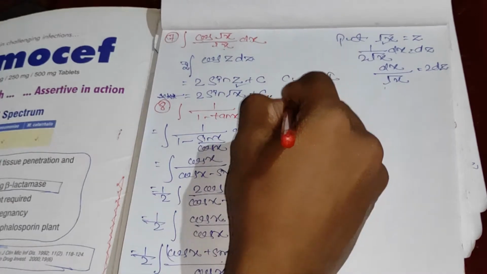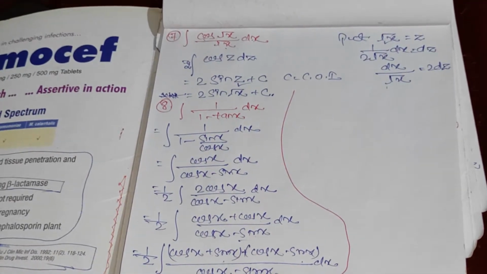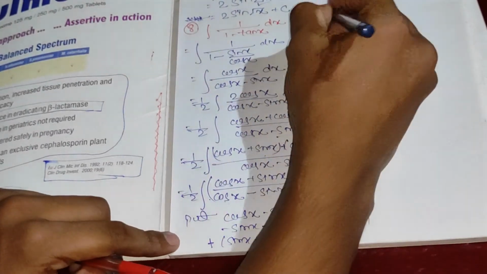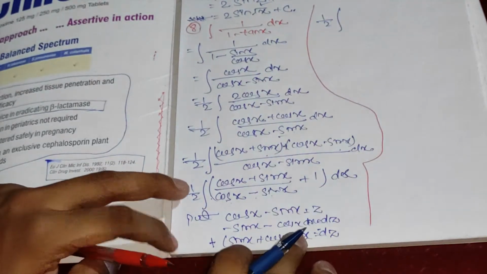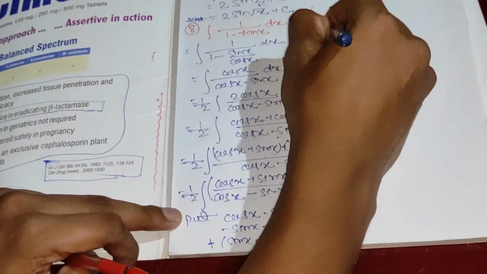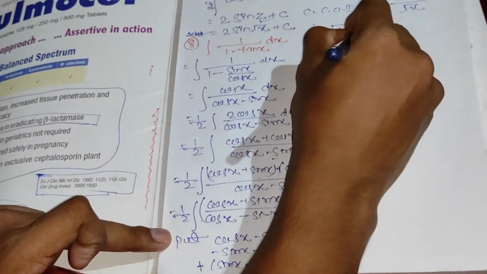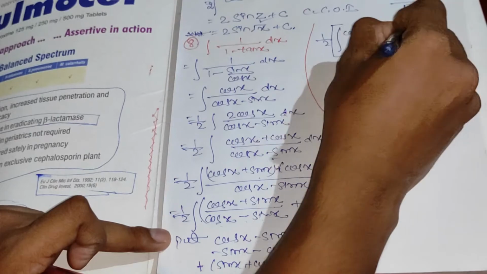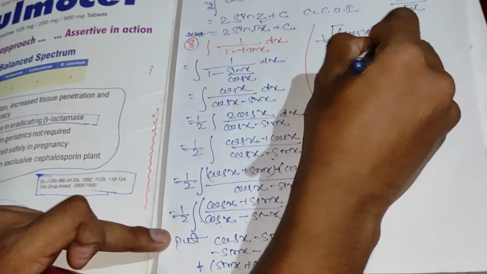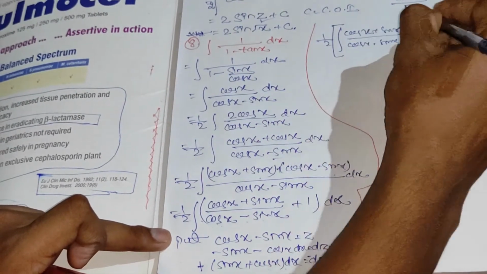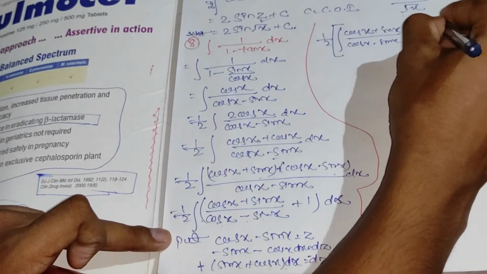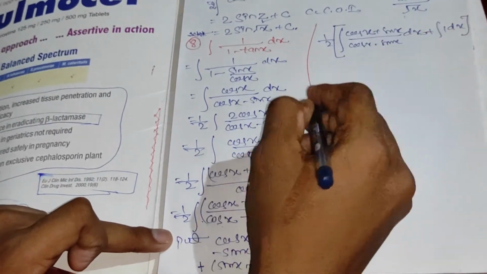Okay, now see carefully. Here we have 1 by 2 integration; separate these two terms: the integration of (cos x plus sin x) divided by (cos x minus sin x) dx, plus the integration of 1 dx.